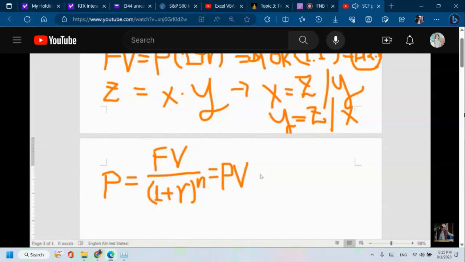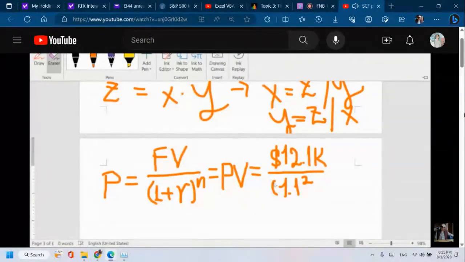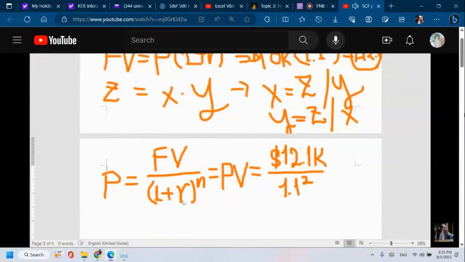Okay, now in our example, to find present value, all you need to do is divide 12.1K by 1.1 raised to the square. I don't need parentheses here, because it's obviously a number.